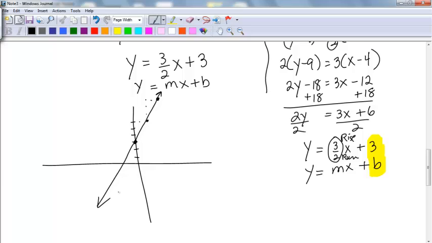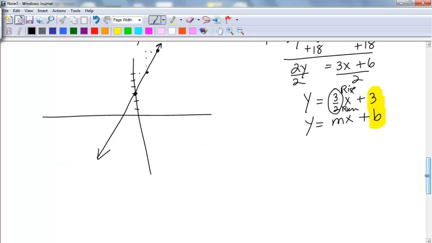Okay. Last form of a line. We've done point slope form and slope intercept form. Now this one is called standard form of a line.